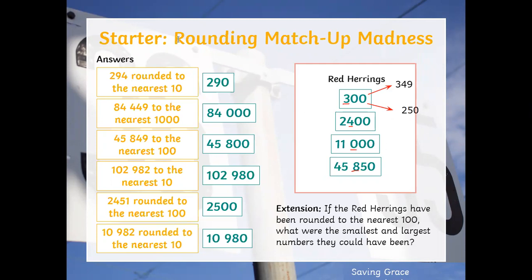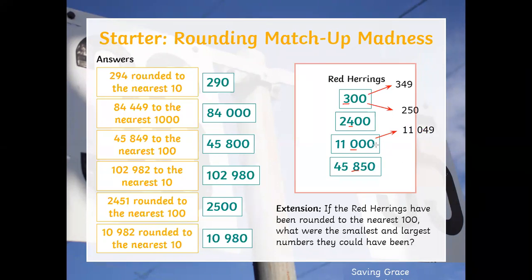Let's do 11,000. If we look at 11,000, what is the largest value it could have been to get to 11,000? It would have been 11,049.